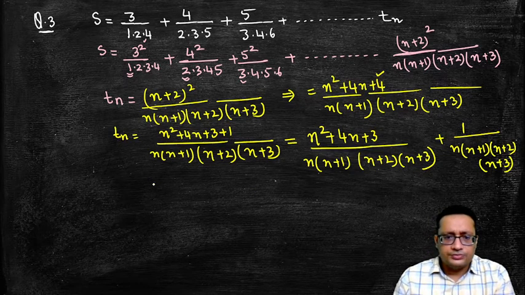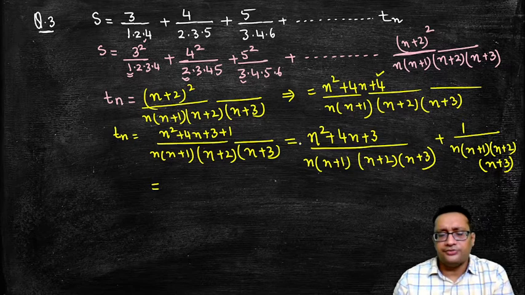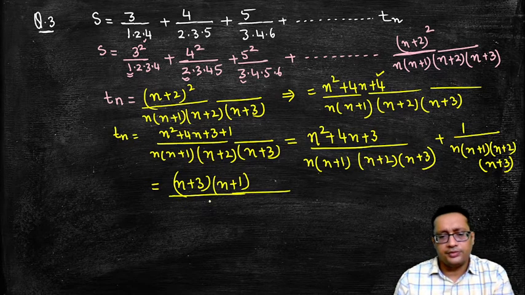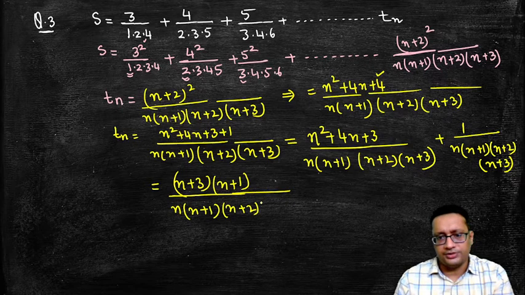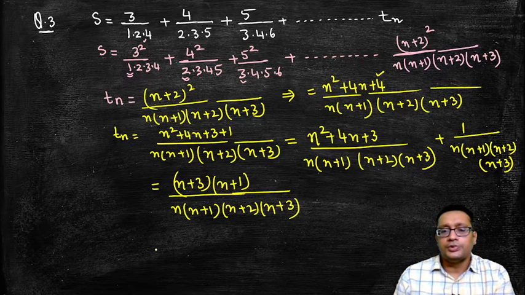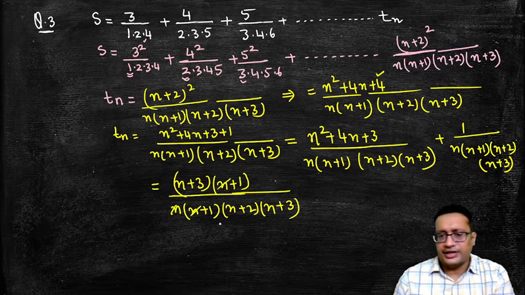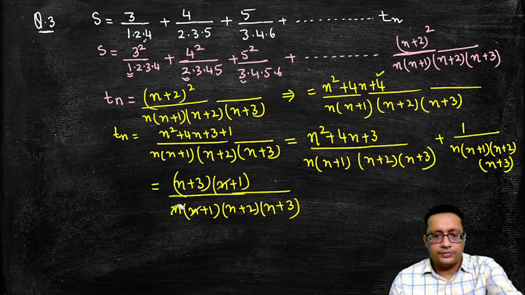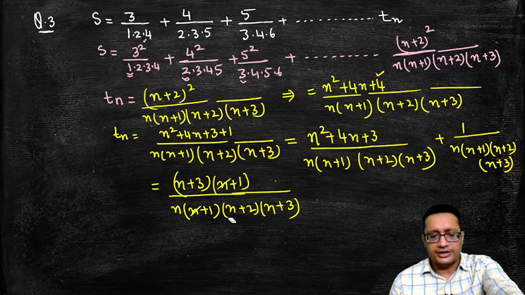Now see what you can write here. This becomes n plus 3 into n plus 1 divided by n, n plus 1, n plus 2 and n plus 3. So these terms will get cancelled: n plus 3 and n plus 1 will get cancelled.